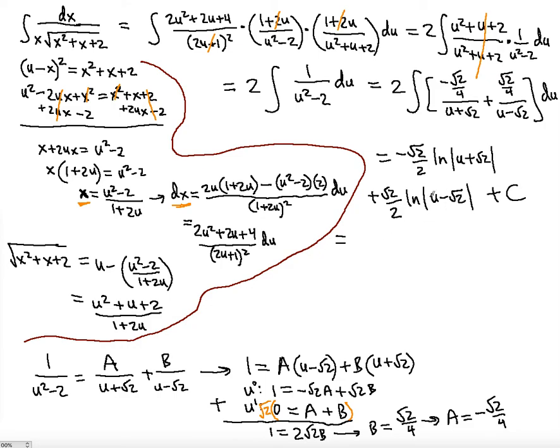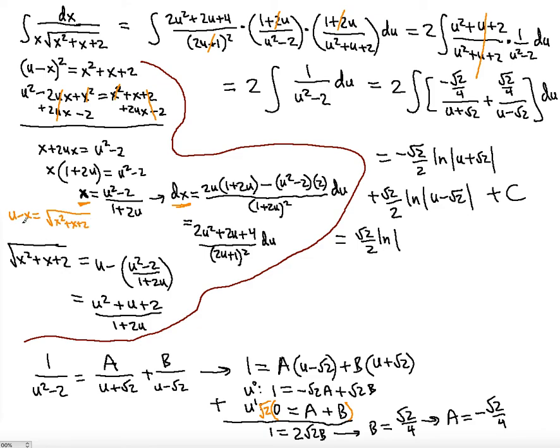Let's start with this one first and bring everything back in terms of x. So radical 2 over 2 ln of, what is the u value in terms of x? Keep in mind that u minus x was the square root of x squared plus x plus 2.